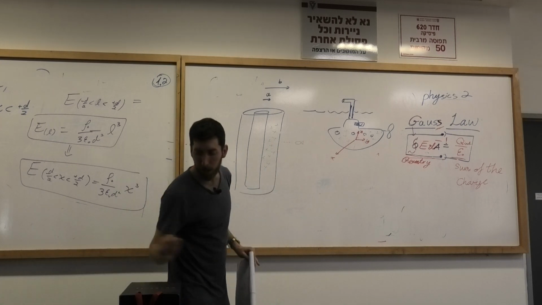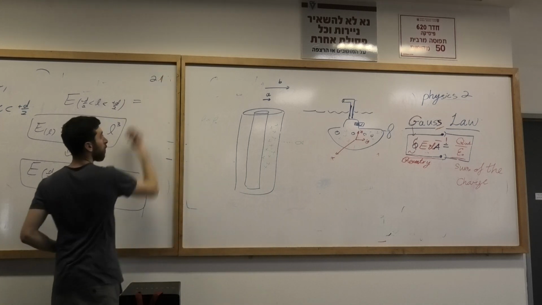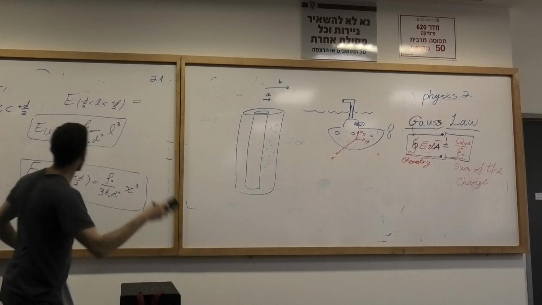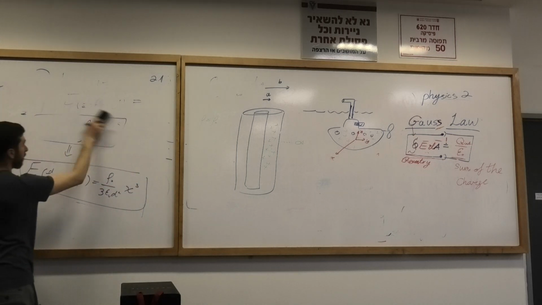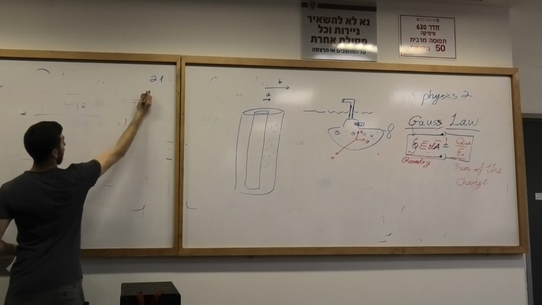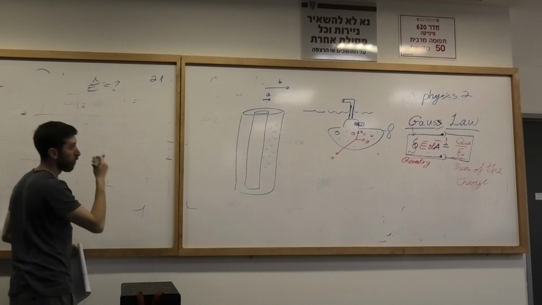The first question I want to ask you, this is kind of question 2, so this is going to be 2-1: what is the direction of the electric field outside of the cylinder? Radially out. This is true. So look at that direction.